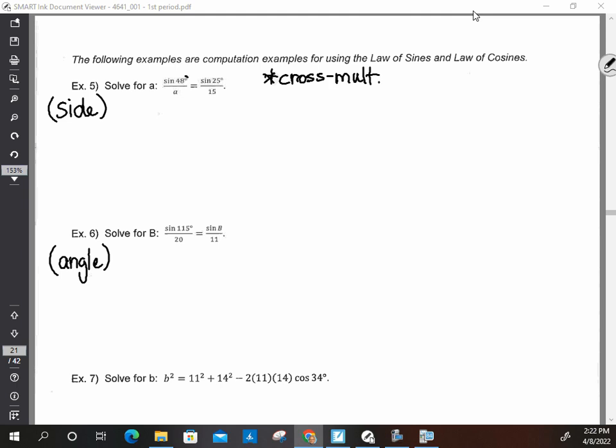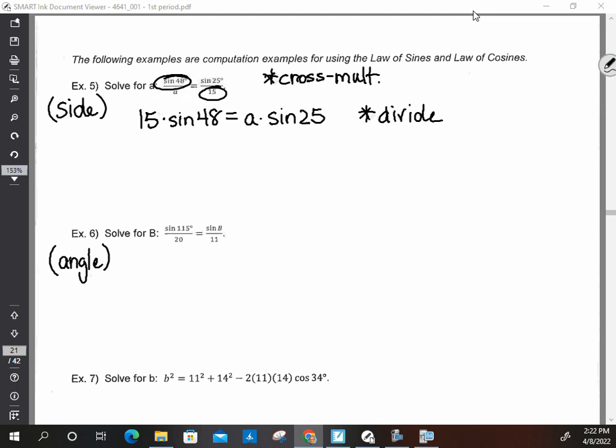So 15 times the sine of 48 equals A times the sine of 25. So cross multiply. Now you divide. So you want the variable by itself.